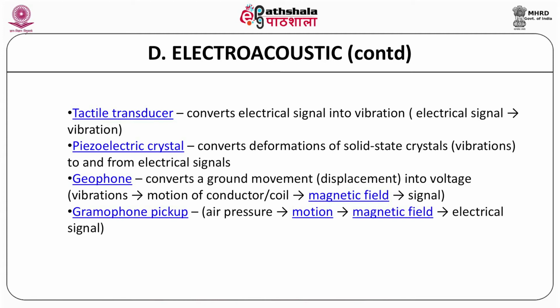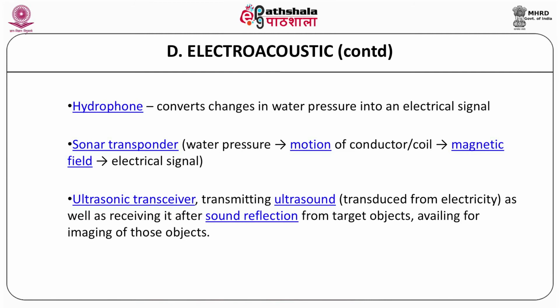The gramophone pickup: the air pressure is converted to motion, that is converted to a magnetic field, and finally to an electric signal. Most of the time the final measurement will be an electric signal, and those electric signals are proportional to the property you want to measure. In electroacoustics you also have the hydrophone.